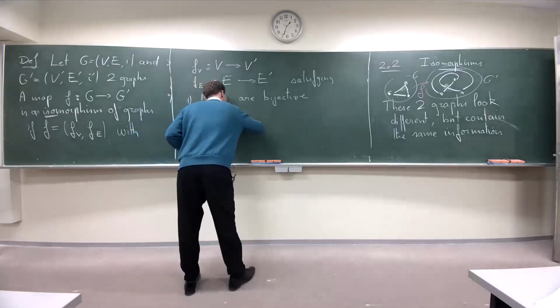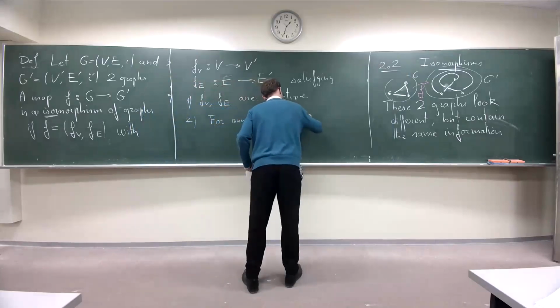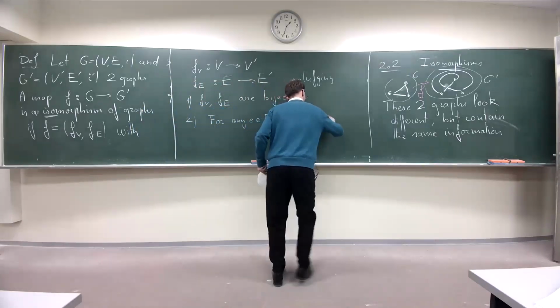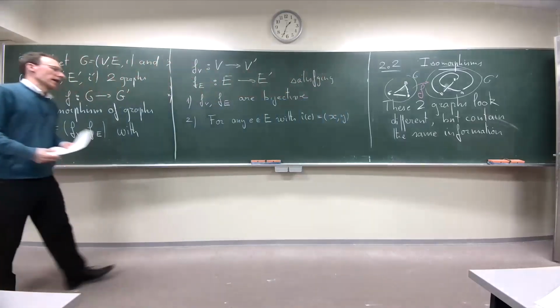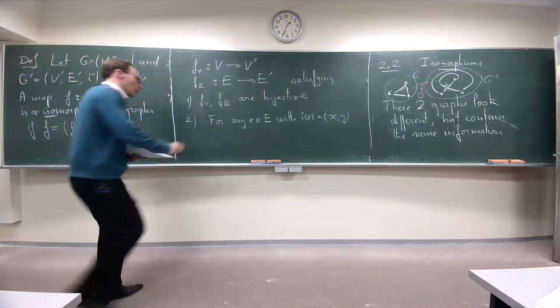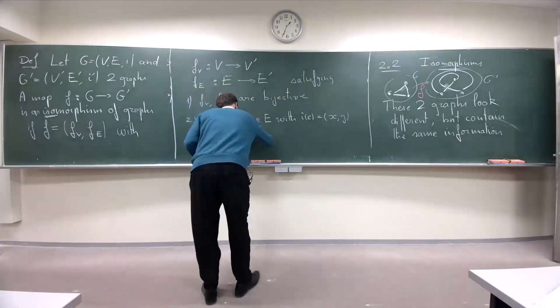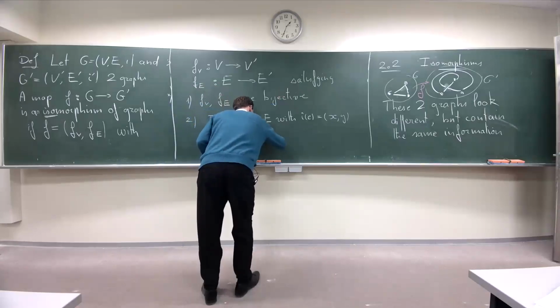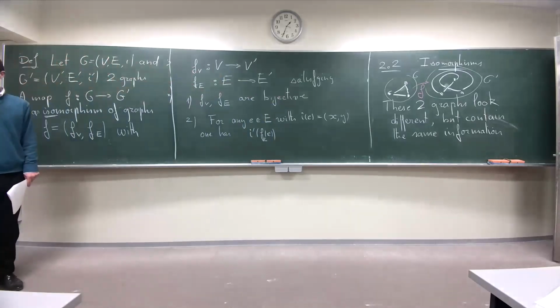For any E in E, so I take an edge and I just call its initial point X, its final point Y. One has I prime of F_E of E. What is it?